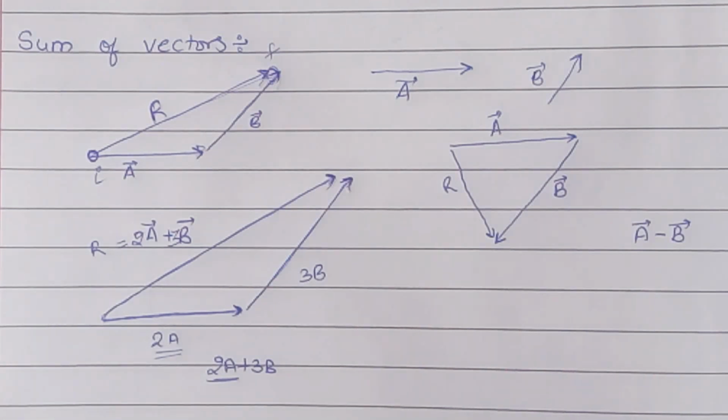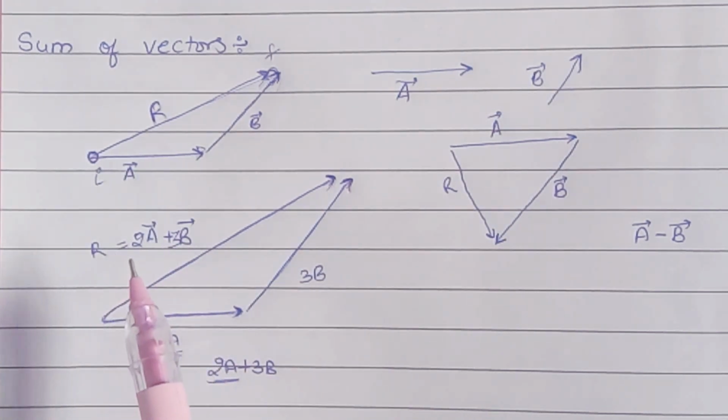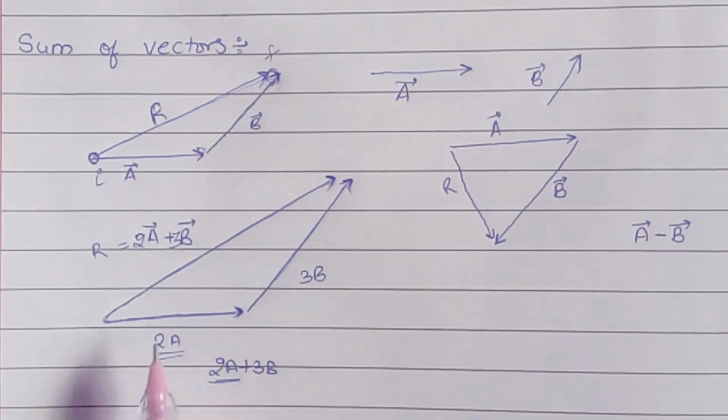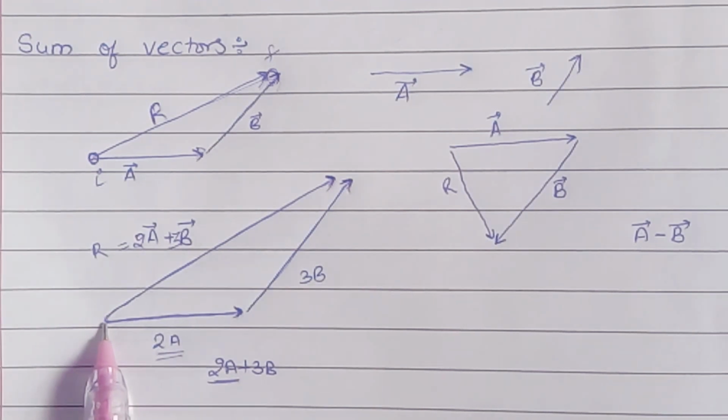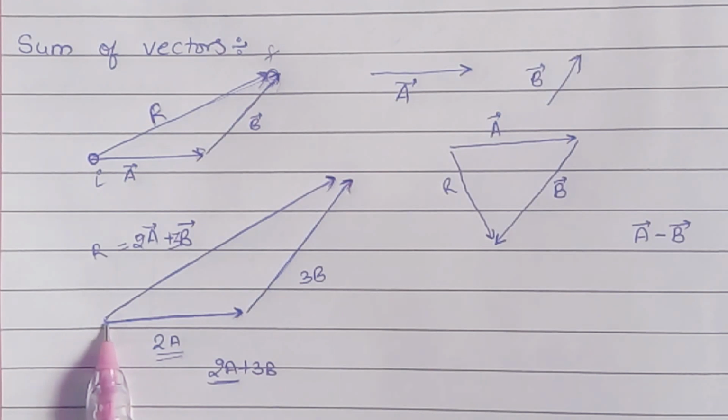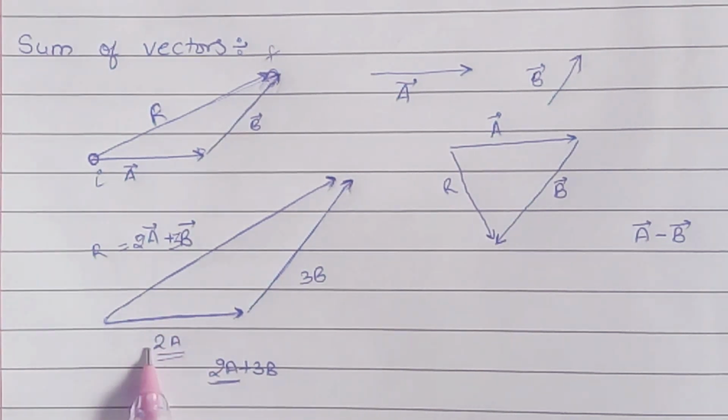Next, if you multiply a vector by some scalar, that is 2a or 3b or 5b or 7b, then its magnitude gets multiplied by k, or that 2, 3, and its direction will remain same. If you want to find the sum for 2a vector plus 3b vector, you just have to increase the length to what extent it is given.